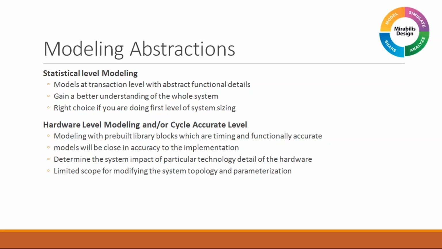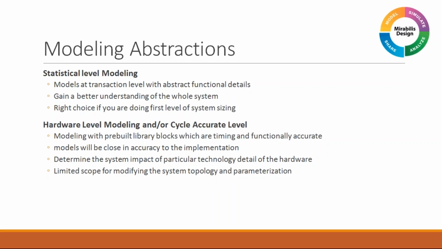So we call it the first level of system sizing, in which you have very little information, but you want to explore and gather more and more information, maybe from the customer, or from the management, or some other team located somewhere else. So you start building the models using statistical level library blocks.